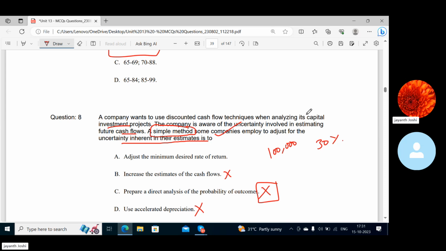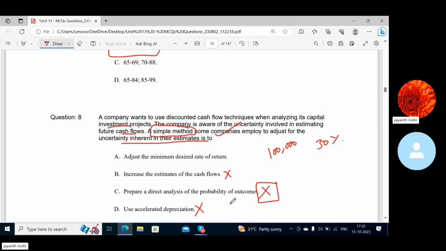The company uses this technique when analyzing projects and is aware of uncertainty involved in estimating future cash flows. They are not able to very much estimate what the future cash flows are going to be, and that uncertainty they want to adjust in their estimates. Using accelerated depreciation has nothing to do with this.